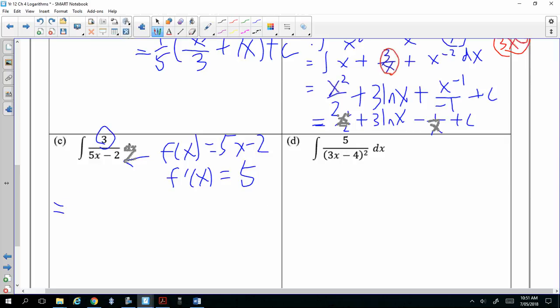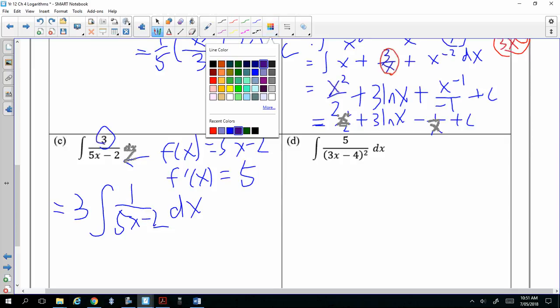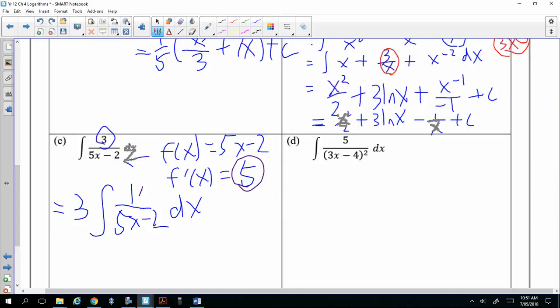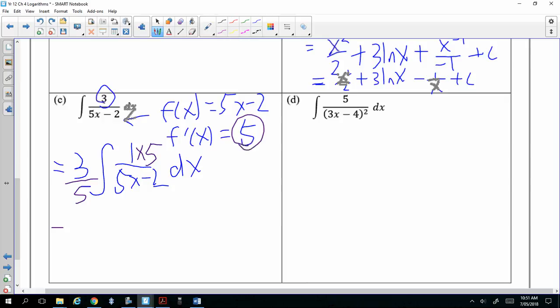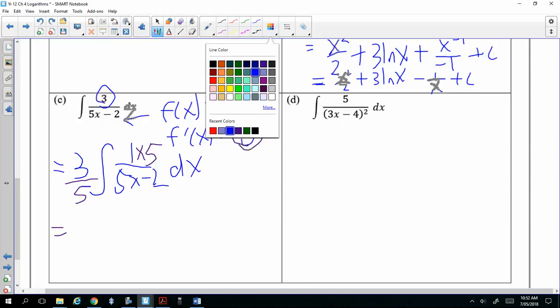And then you're going to replace it with the 5, but because I added 5, I must divide by 5, to keep it balanced. And now the integral is in the form of f dash over f, and that is ln of the denominator, with the 3 over 5 in front, plus c.